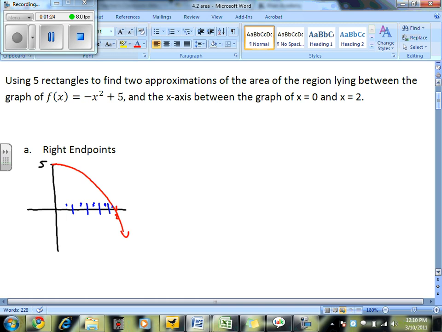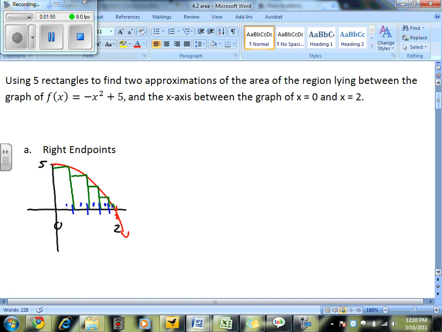All right. I need to break this into 5 rectangles to help approximate the area. And in the first part, we're going to start with right endpoints. So my right endpoints are going to be on the curve. If we broke the distance between 2 and 0 into 5 segments, how far does each segment have to be?